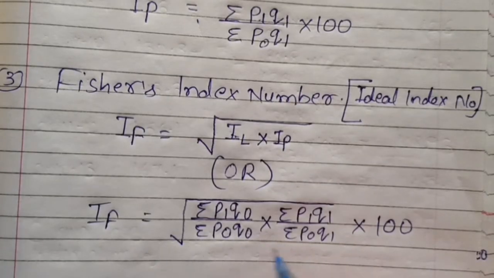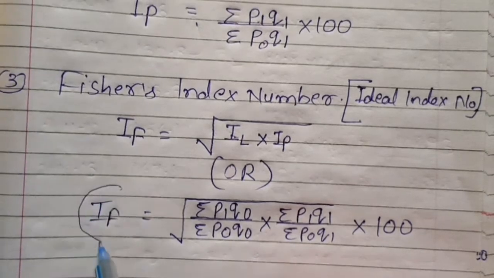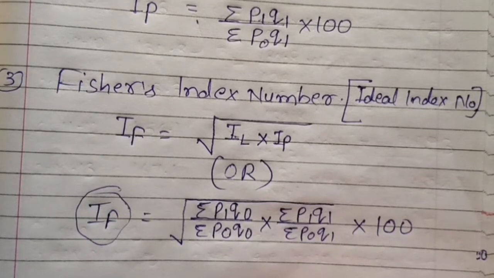You can write this formula also. If in the exam only Fisher's index number is asked, you can apply this formula. Only a single formula is enough. But if they ask last pair, Paasche and Fisher, then you have to apply this formula. For this you have to find last pair, then Paasche's index number, and then Fisher's index number.